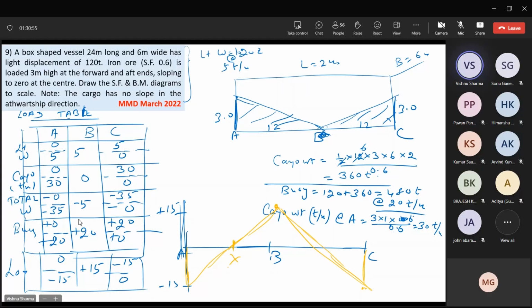It crosses at X and Y. They will be mid length, so they'll be 6 meters each. I think now you can close the question after this. After the load diagram, you can get the BM and SF and BM. Yes or no, beta? Correct? Yes, sir.